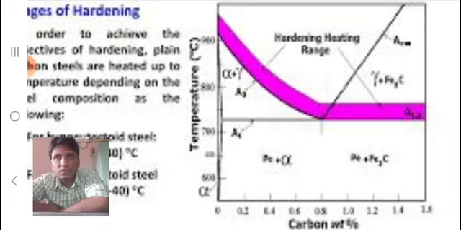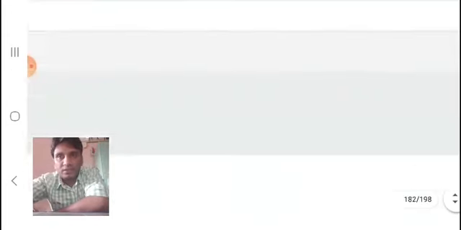So this is the main advantage of Austempering. The hardness and strength of the Austempered steels are nearly the same as conventional hardened and tempered steels, but ductility and impact strength are usually higher than the quenched steel, because quenched steel is martensitic structure, whereas in Austempering at 300 degrees centigrade, the structure is bainitic structure.